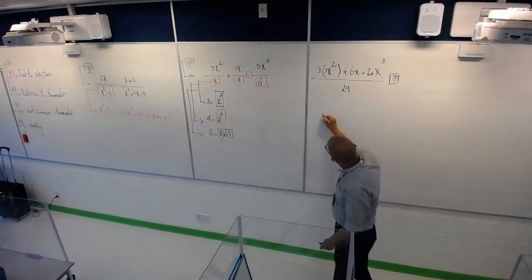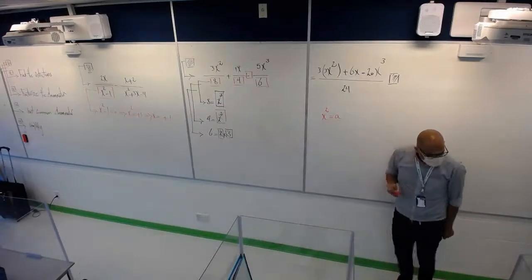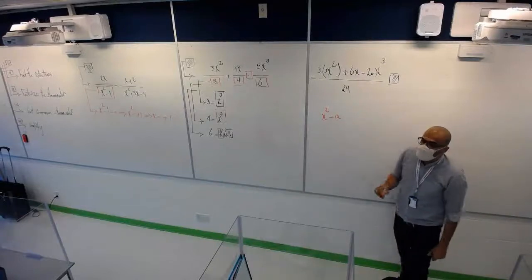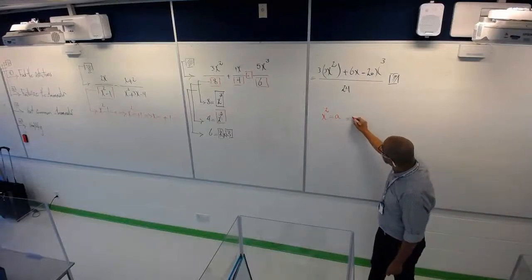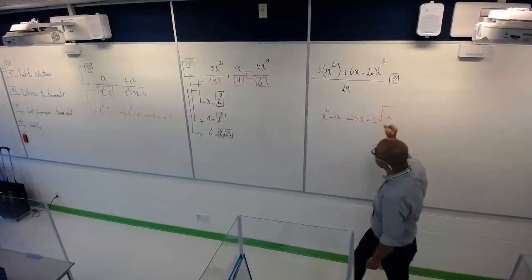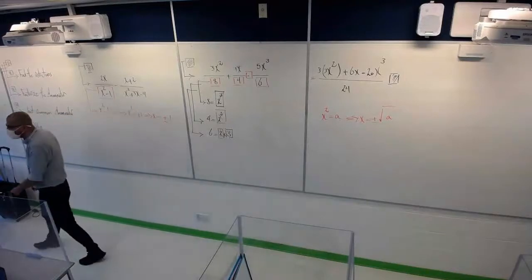We said that if we have x squared equal to a number, the square root expression always goes with plus or minus. If the exponent is an even number, it always goes with the plus and minus. For example, x squared is equal to a, then we say that x is plus and minus the square root of a. Then as a result, I have plus and minus 1.